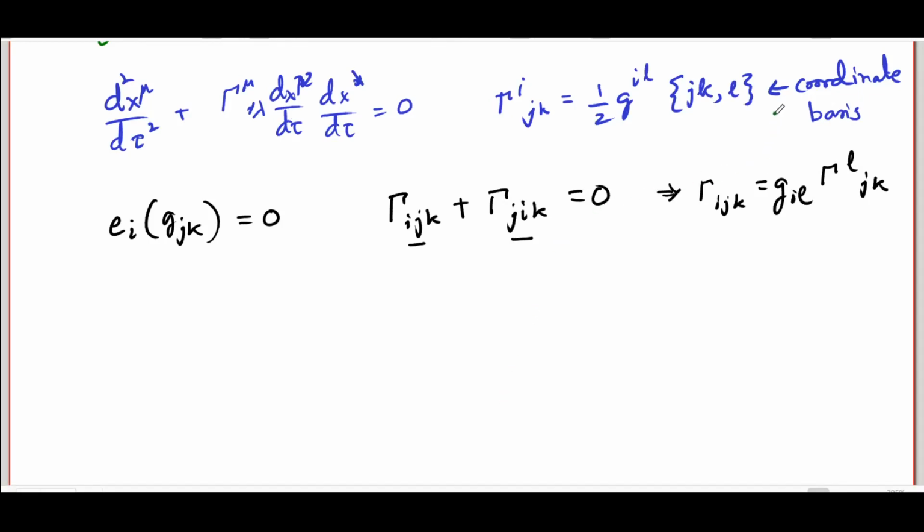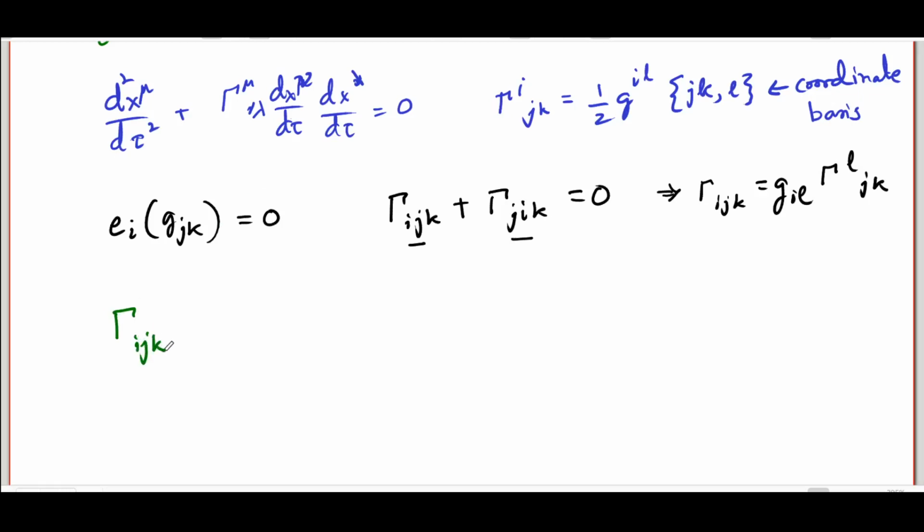We will next need a way to replace this expression, which of course is valid only in the coordinate basis. It turns out that if you use the fact that a connection that you're going to use in Riemannian geometry is metric compatible, that is, grad_X g_ij is going to be 0 for all vector fields X, what you're going to get is the following expression.